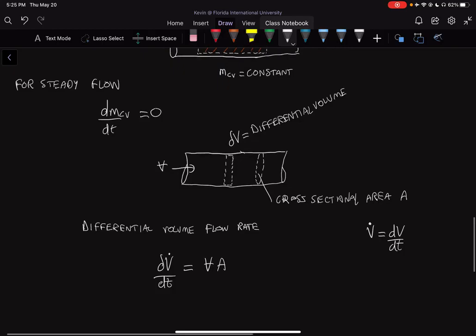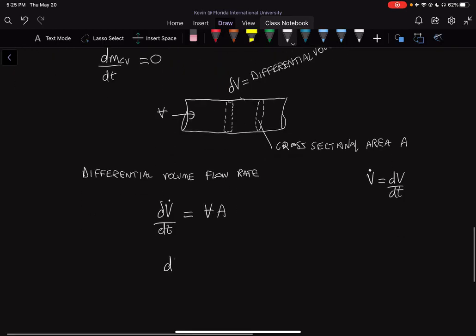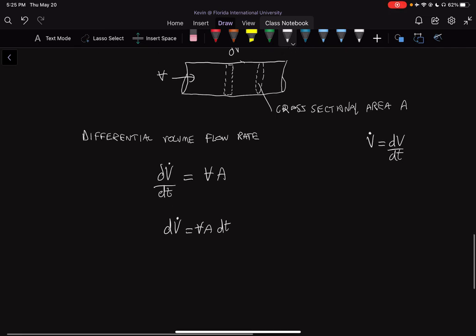And we can write this also as dV is equal to VA times dt if we want to. So that's for our volume essentially passing through our system.